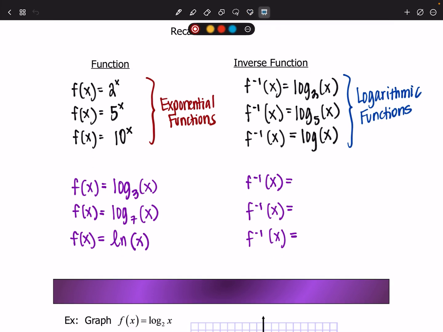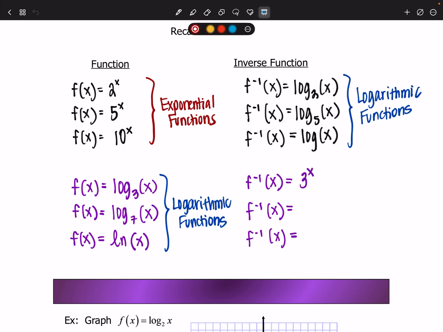Now, if the function starts off as a log function, it still has an inverse function that's exponential. So the inverse of log base 3 of x is going to be 3 raised to the x power.